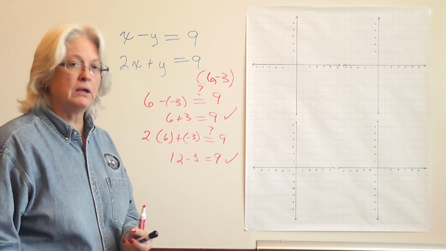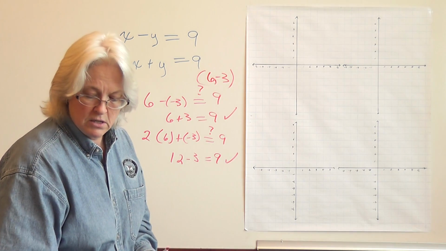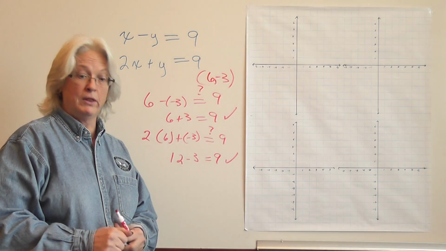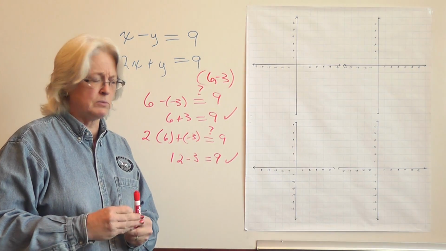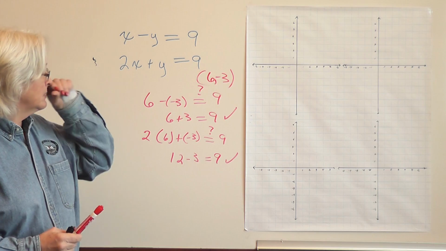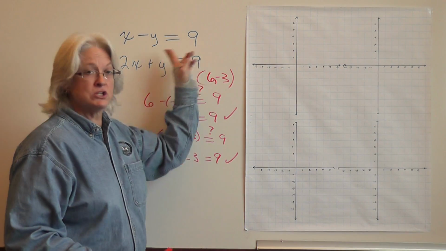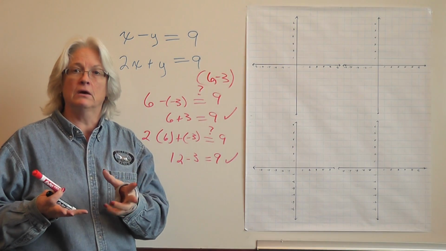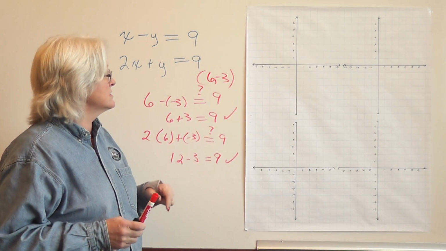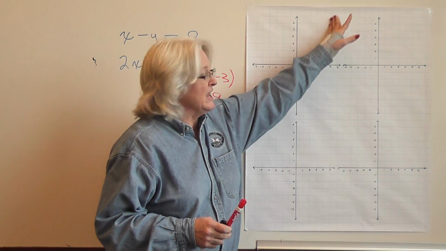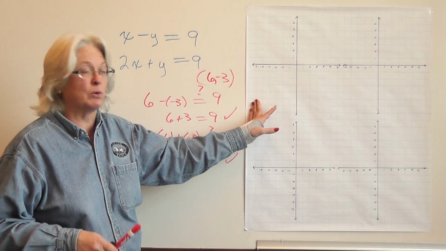One of them being that you could just simply keep trying ordered pairs until you found one that fit both equations. But let's think about this. How realistic and how reasonable is it? Well, equations in two variables are nothing but the equation that represents a graph of a straight line on your Cartesian coordinate system, and there are an infinite number of places on that line that you could come up with as an ordered pair.